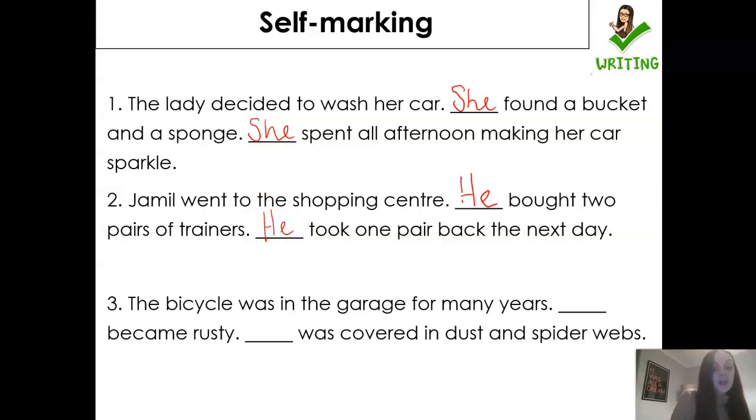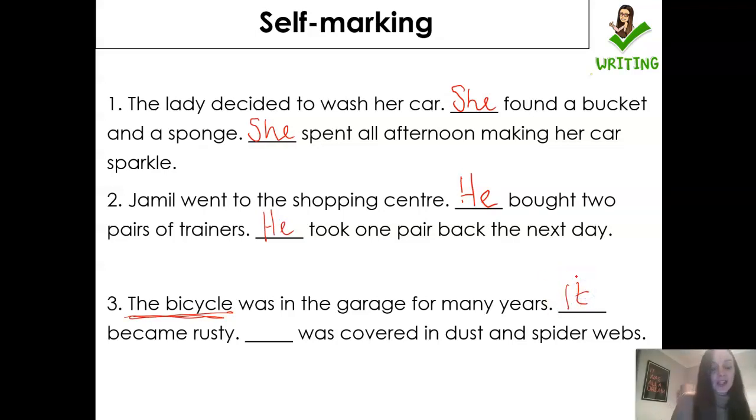Now let's check number 3. The bicycle was in the garage for many years. Blank became rusty. Blank was covered in dust and spider webs. So now I decide, is it he, she or it? Well, to do that I need to check my subject. This time the subject isn't a person, it's an object. Look, the bicycle. So it would make sense to use the pronoun it.